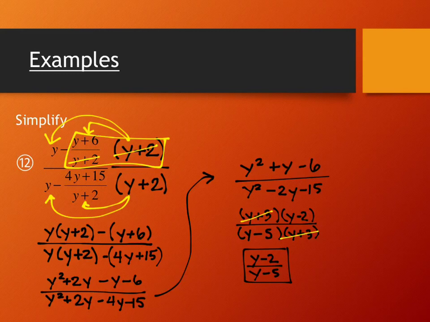This doesn't have a y plus 2 in it, and this doesn't have a y plus 2 in it. So if you start canceling before you've got it completely factored, you're going to end up canceling something that doesn't work. It's kind of like this. If I had 15 plus 3 over 15 plus 4, I can't do that, right? And it would be the exact same thing as trying to do that.